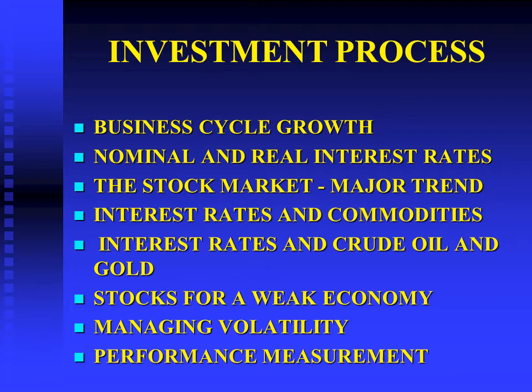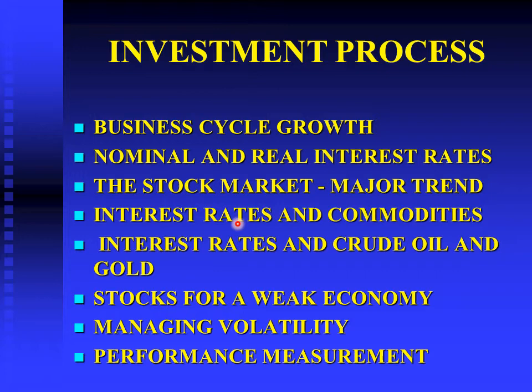First of all, I start with the business cycle and what kind of growth there is in the business cycle. Then I look at nominal interest rates, that is the level of interest rates, and then at real interest rates, that is interest rates less inflation. In other words, I check if the interest rates are higher or below inflation. Then I look at the major trend of the stock market with some indicators.